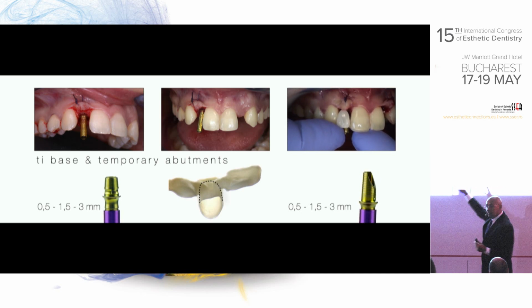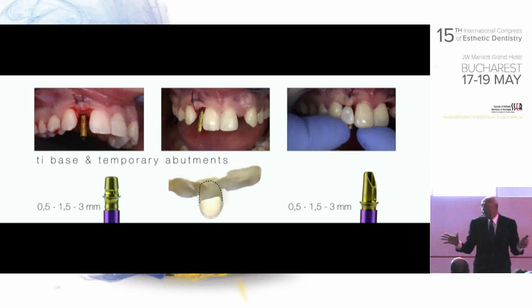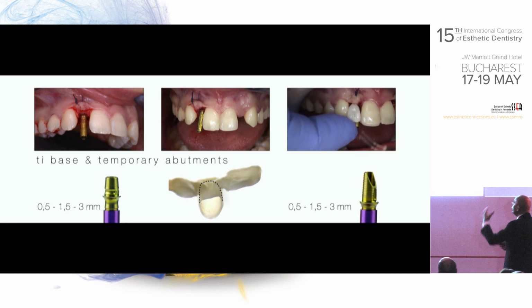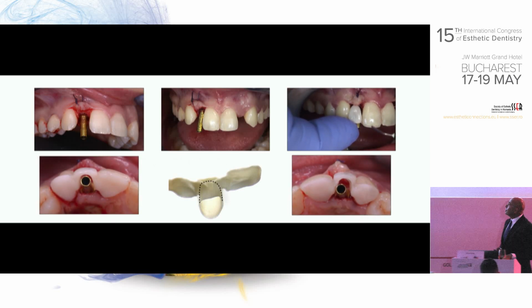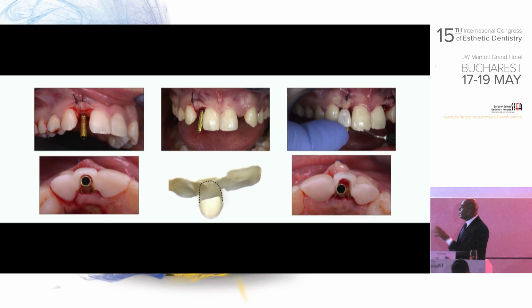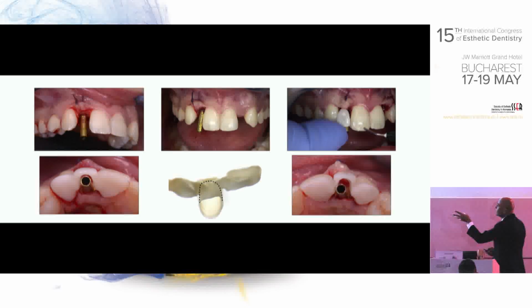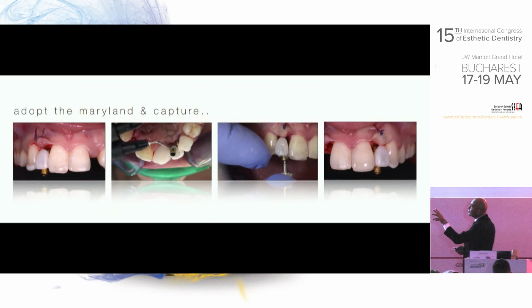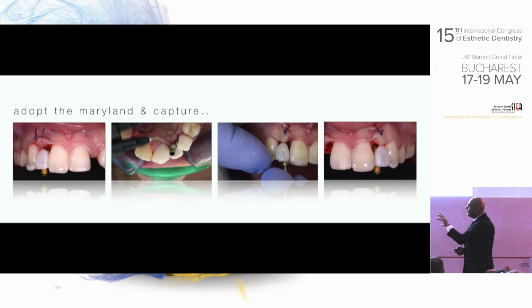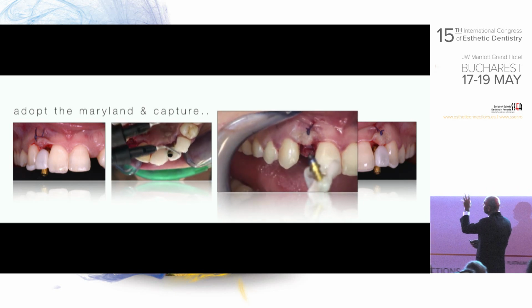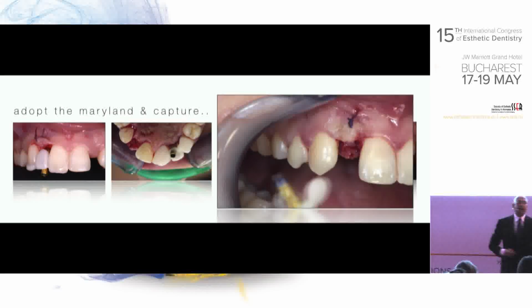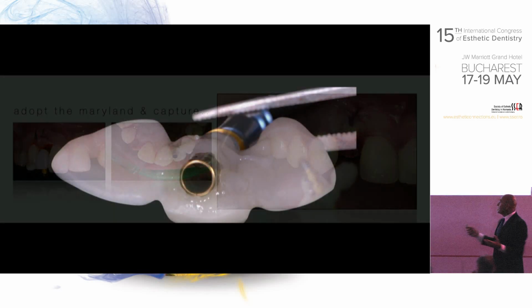But this wing stops it in the position where it should be. So using the wings as a stop, I'm capturing this from the palate, meaning that I'm emptying the space, adding some composite there, as you see here. And once I'm okay that the Maryland is attached to this analog transfer, this is it.